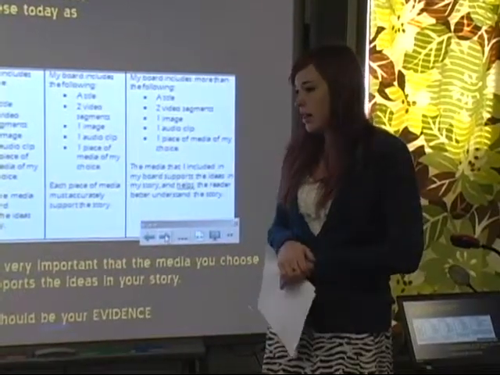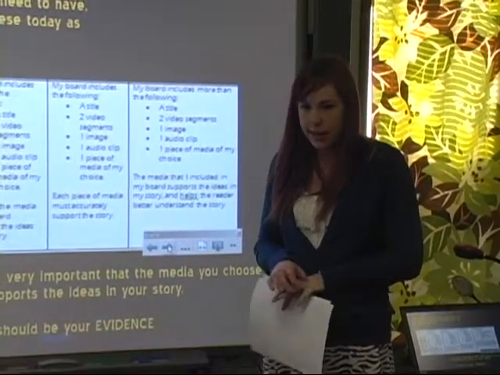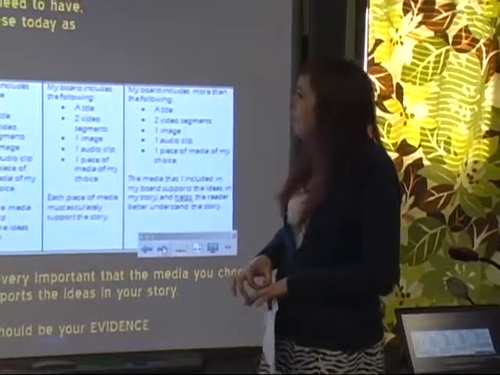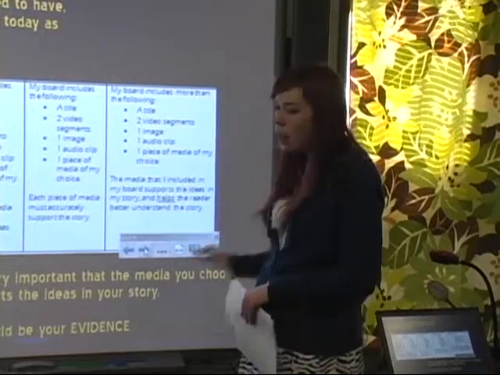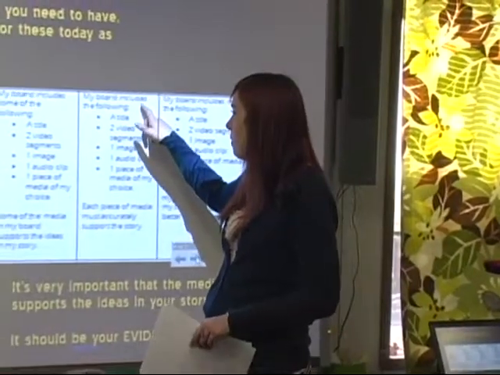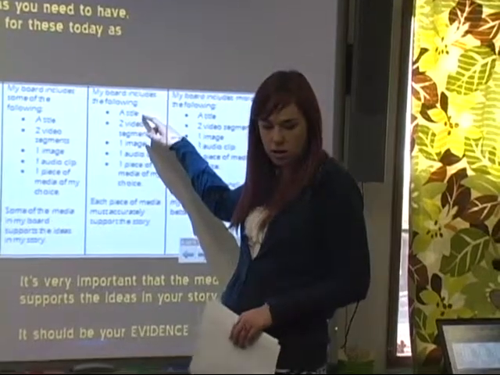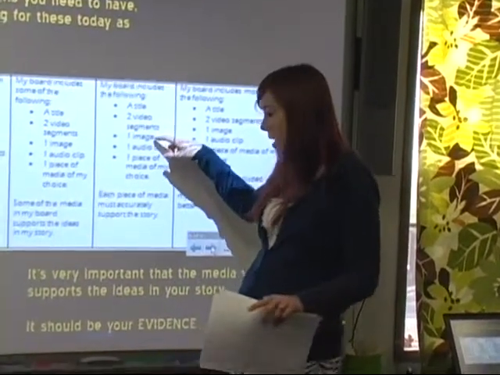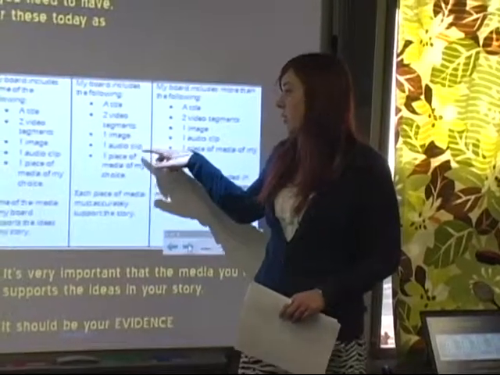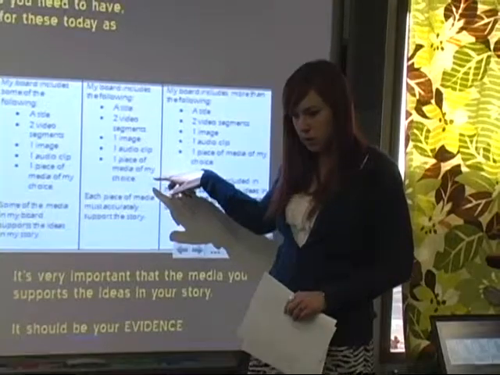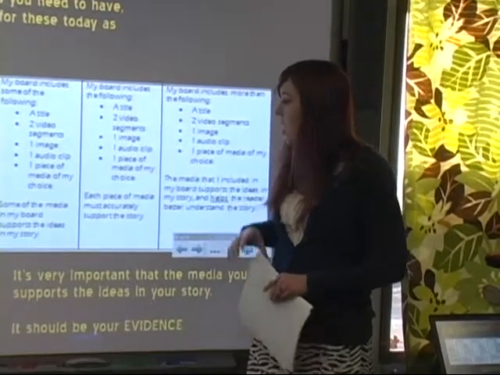So right now, I love your eyes on the smartboard, and I'll wait. Thank you. All of these need to be on my board builder. So if I want a level 3, I need to have a title, 2 video segments, 1 image, 1 audio clip, 1 piece of media of my choice.